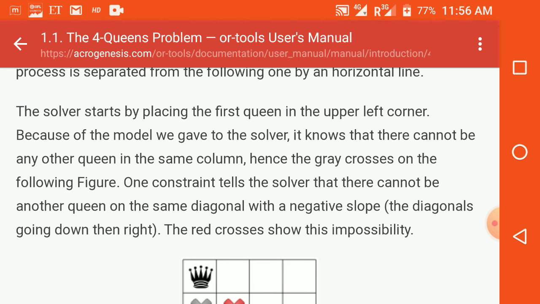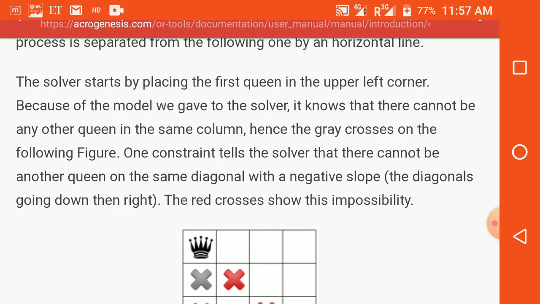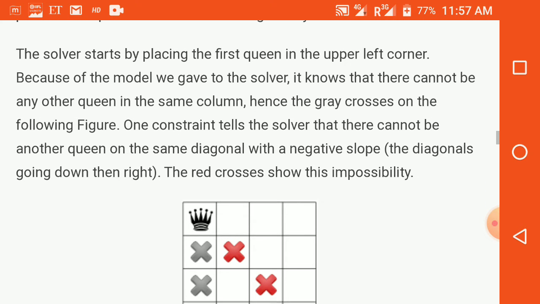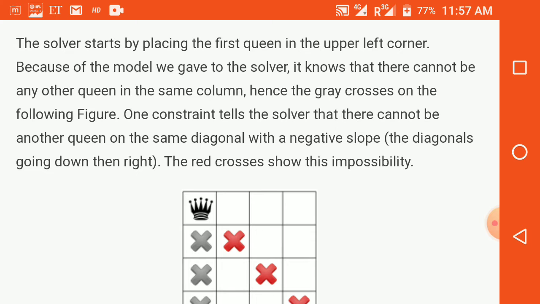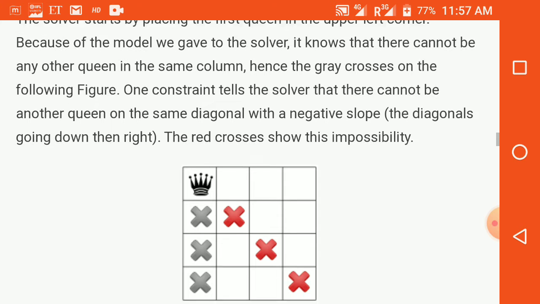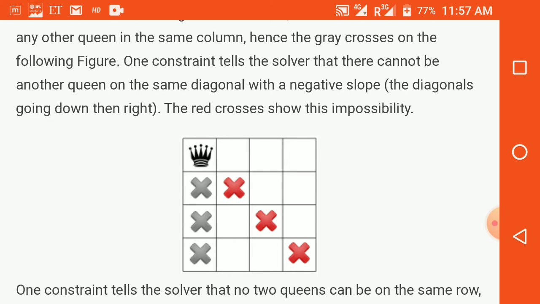The solver starts by placing the queen in the upper left corner, because the model we gave to the solver tells it that there cannot be any two queens in the same column. Hence the gray crosses in the following figure, where the constraint fails. The solver cannot place another queen on the same diagonal, so I am using red crosses for that, the negative slope.